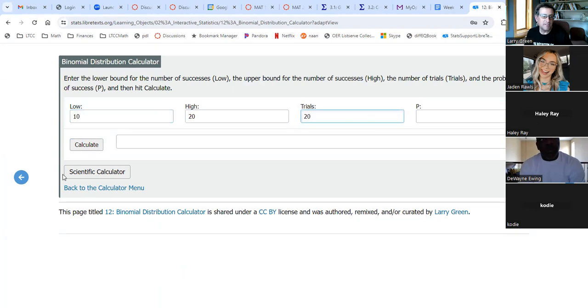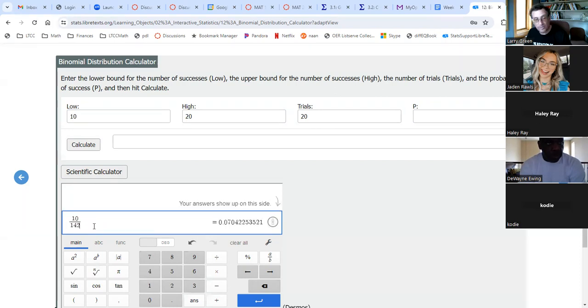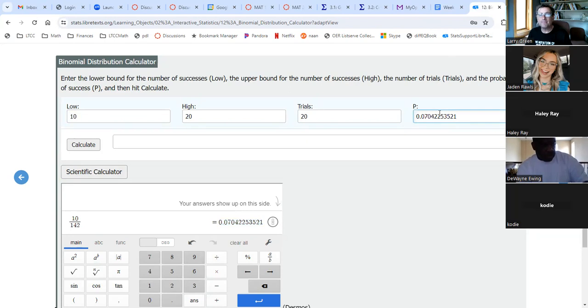P, I'm going to go to scientific calculator because I need to write it as a decimal. Can't use fractions, by the way. And that was 10 over 142. And I can just copy and paste this messy 0.070422, etc. Hit Control C, Control V, and there's my P. Any questions so far?